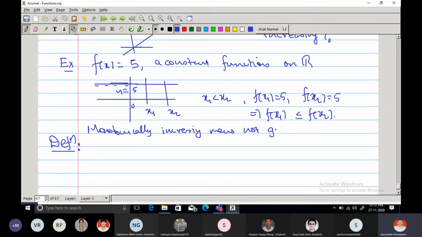So not going down means what? Either it may go up or remain stable, but not go down. That is, non-decreasing. Non-decreasing means it is not decreasing; it may increase or may remain stable, correct?